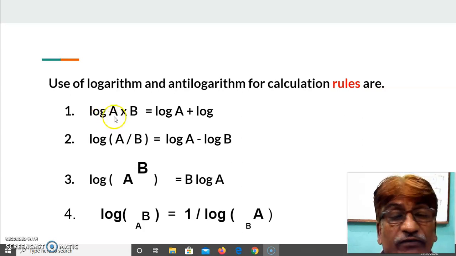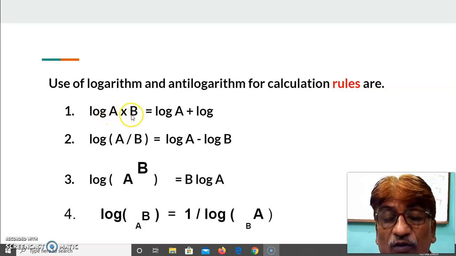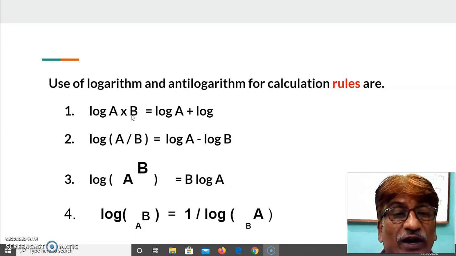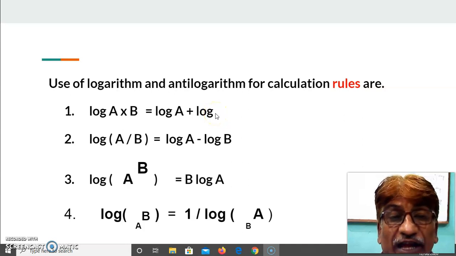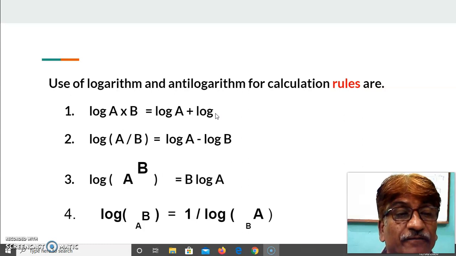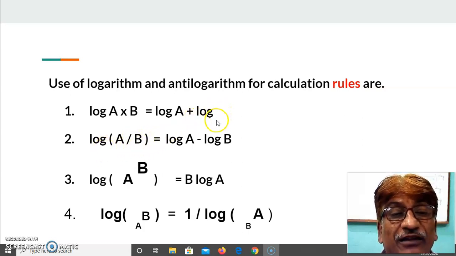Log of 25 into 50: its rule will be log A plus log B. Here the multiplication is deleted, but we can read out log A and log B.